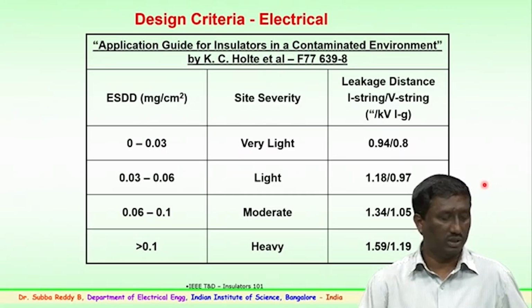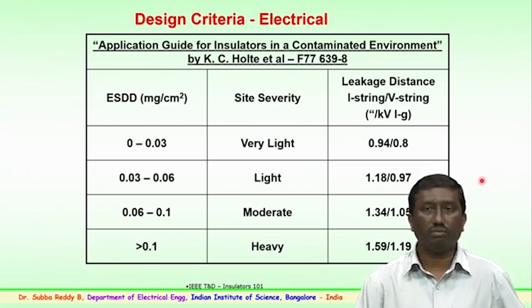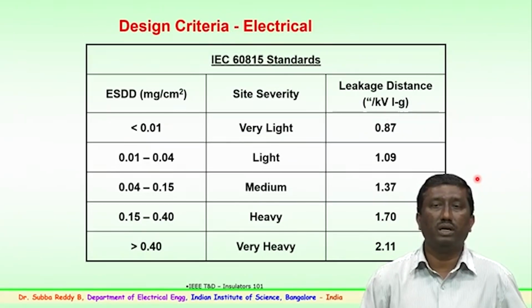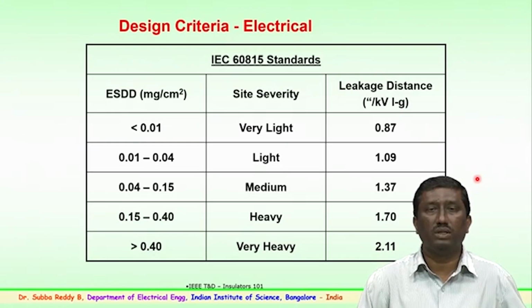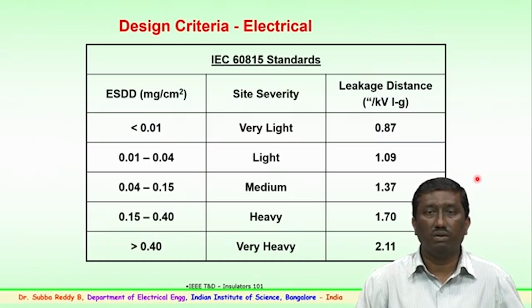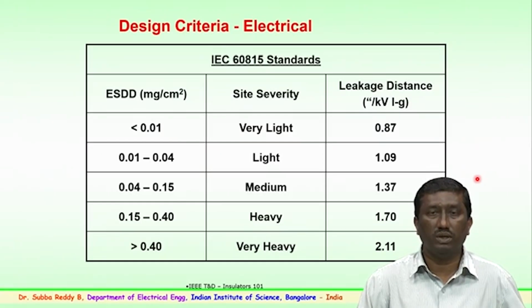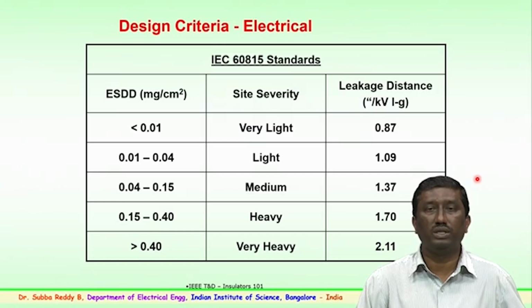There are standards and international bodies which have data for this. Importantly, the IEC, International Electrotechnical Commission, standard 60815 gives complete information on polluted conditions. The values to be used for simulation in the laboratory for a particular kV voltage level are described in standard 60815 for various types of insulators, depending upon the creepage length of the insulator and how it can perform in these conditions.